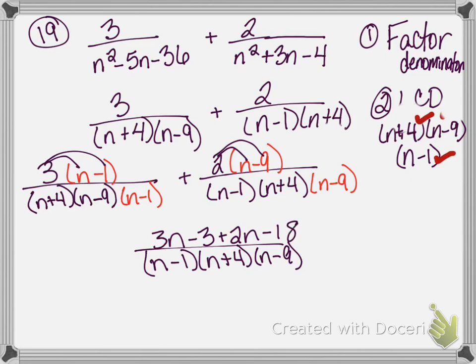I've got like terms, so my final answer here is 5n minus 21 over my denominators. And I definitely would leave this denominator not multiplied out, because you would end up having to do a trinomial times a binomial.